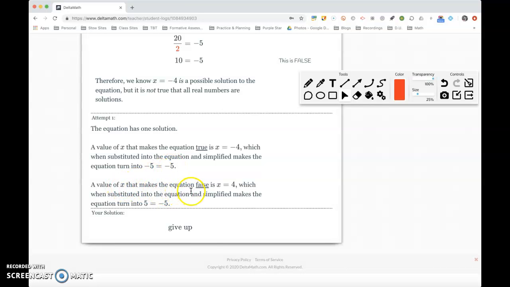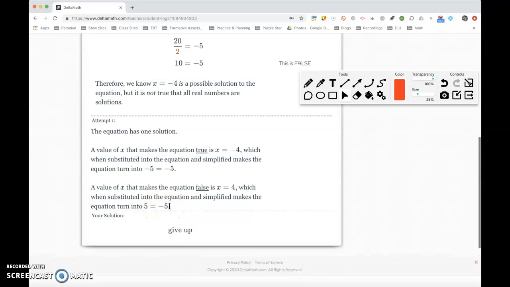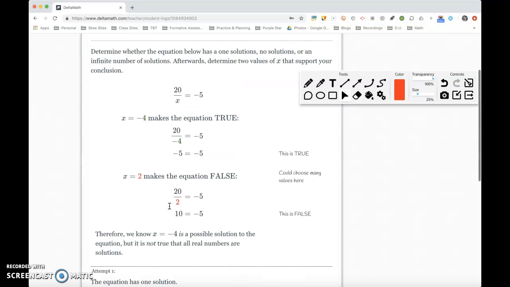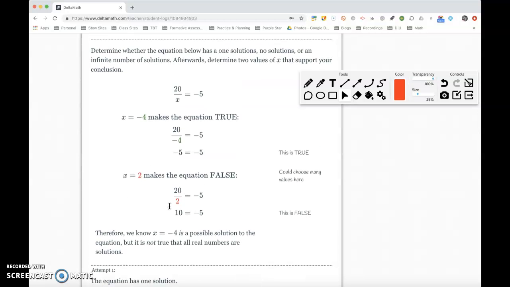A value of x that makes the equation false is x equals +4, when substituted into the equation simplified and makes the equation turn into 5 equals -5. Therefore we know x equals -4 is a possible solution to the equation, but it is not true that all real numbers are solutions.